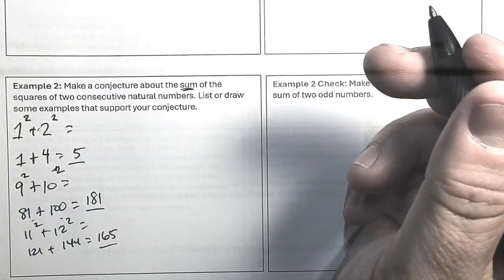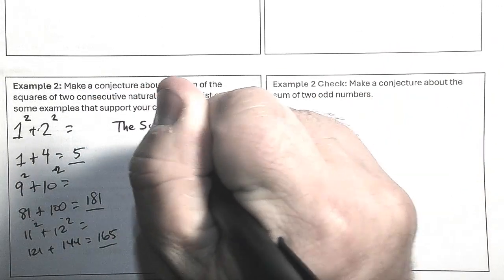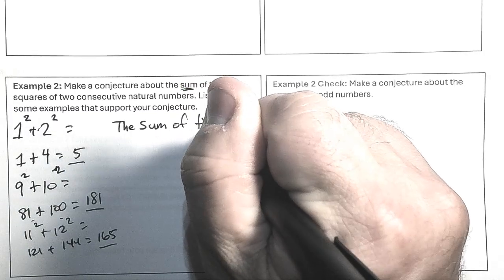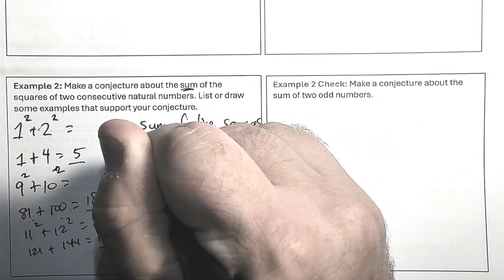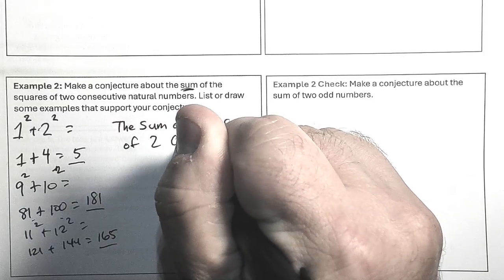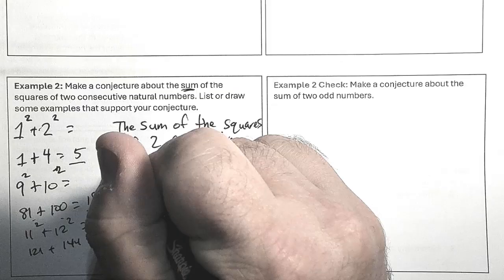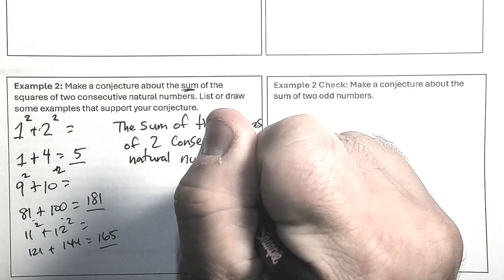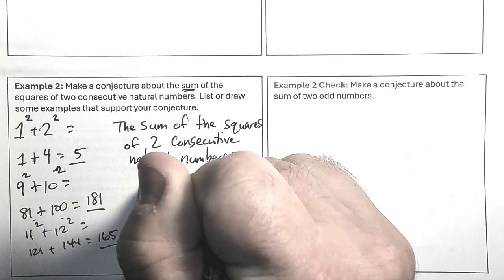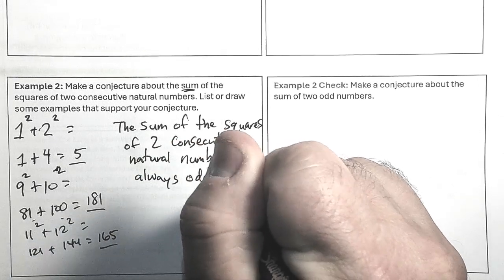So the conjecture we would write is the sum of the squares of two consecutive natural numbers is always odd.